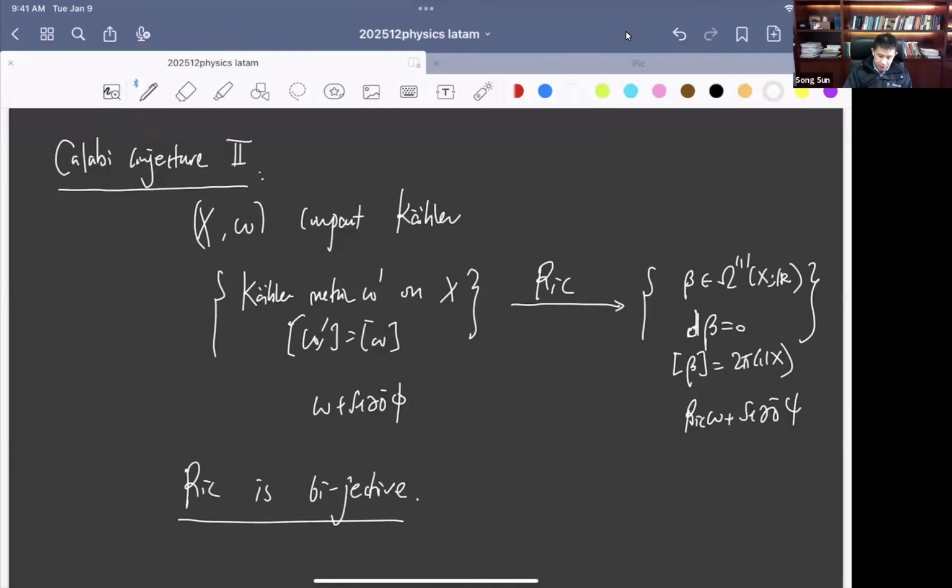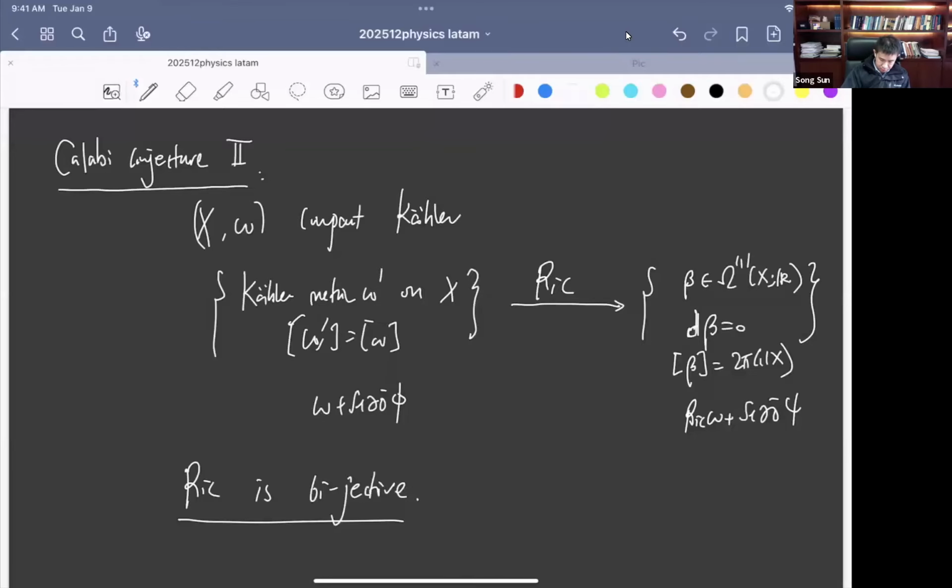And the other Calabi conjecture says this Ricci is a bijective map. So in particular, the previous Calabi conjecture in the case when lambda equals 0 is a special case when the first Chern class is 0, because 0 is in the cohomology class 0. So you can choose a form where the Ricci form is 0.